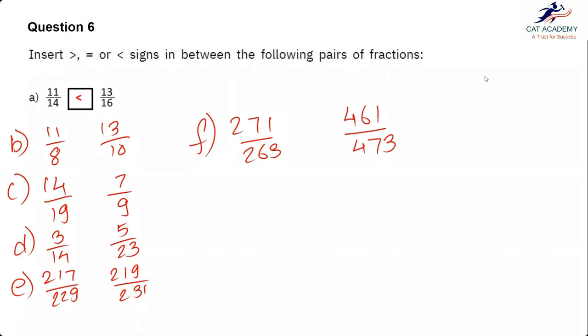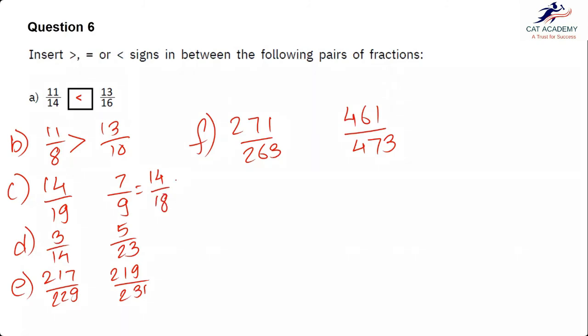Second one, again rule number 1 can be applied, but this is an improper fraction. Since improper fraction, the larger the number, the smaller the fraction. So 13 by 10 becomes smaller, so 11 by 8 becomes larger. Right?